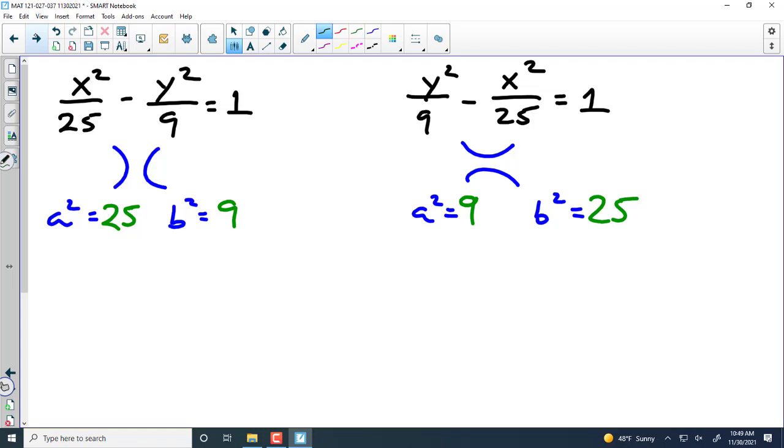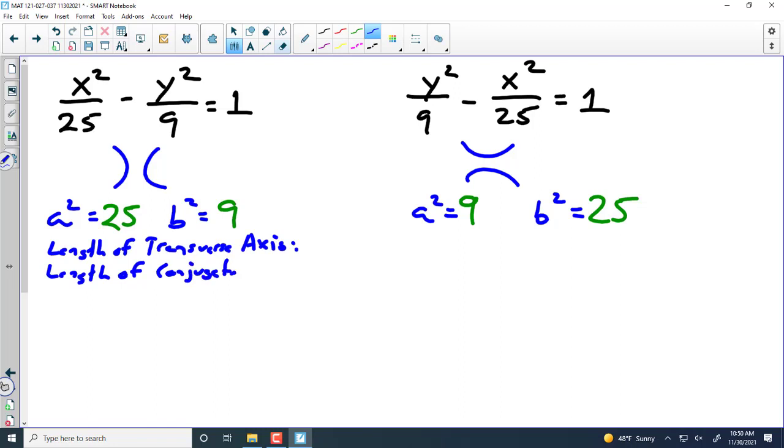All right, let's write down just a little bit more information about these things. See if you can give the length of the transverse axis and the length of the conjugate axis for both of these before you even draw the picture.